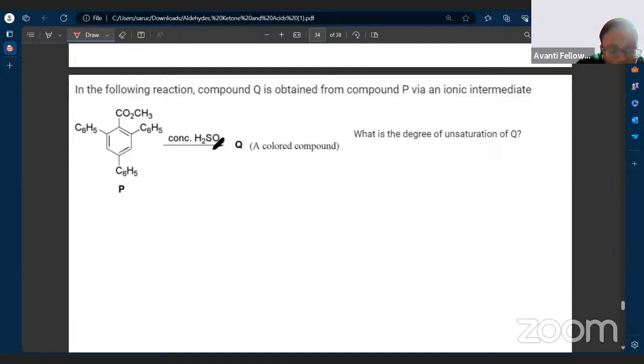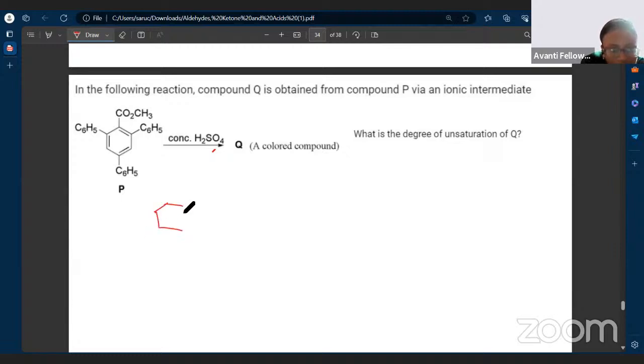P on treatment with concentrated sulfuric acid gives Q, which is a colored compound. When you put concentrated sulfuric acid, what will happen?